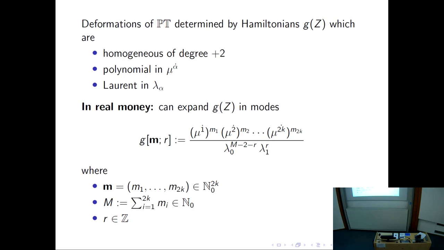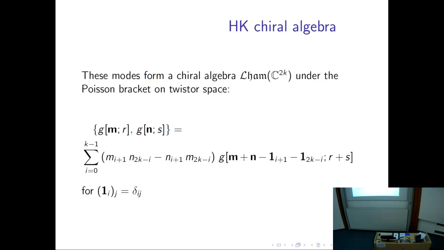So we can label these things by a vector, say m, in the 2k dimensional vector space of natural numbers, including 0, and the sum of these m's I'll call big M. And then it's very easy to see that these modes form a chiral algebra, which is just the loop algebra of the Lie algebra of Hamiltonian functions on C2k. And you can compute exactly what this algebra is.